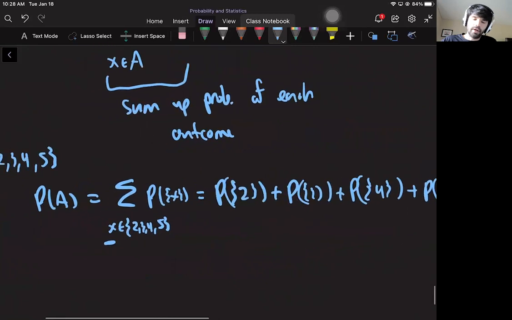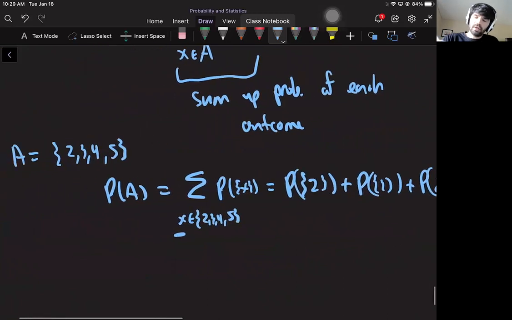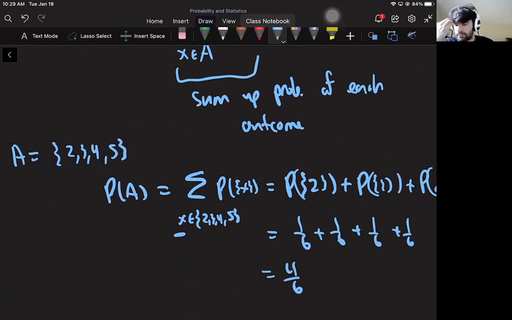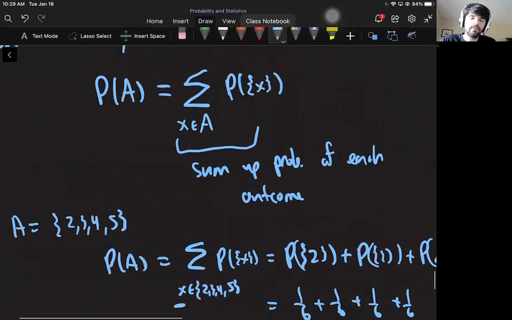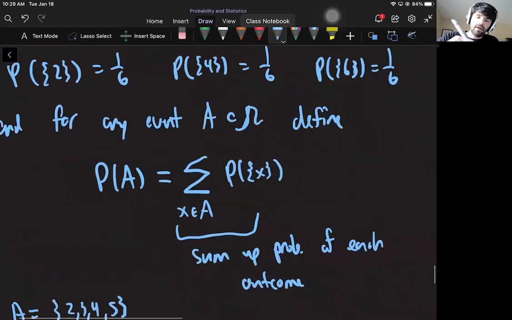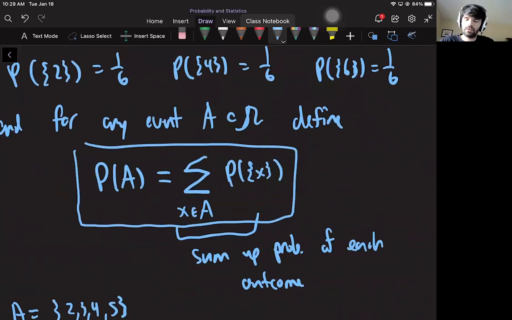So the probability of this event should just be given by 1/6 plus 1/6 plus 1/6 plus 1/6, which is 4/6. Okay, so then if I define the probability of every event in this way, which is just summing up the individual probabilities of each outcome as an event, then this is a probability function.